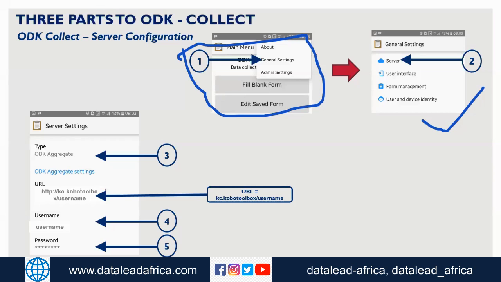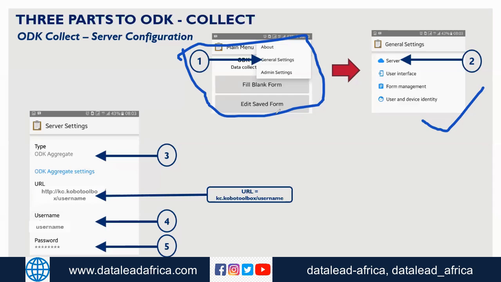So you have https://kc.kobotoolbox.org. Yes, that's what we're looking for. I want to write it and just paste it on the chat group for everybody.